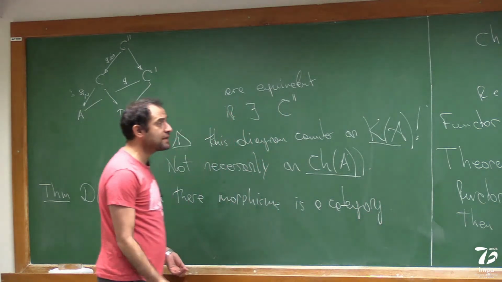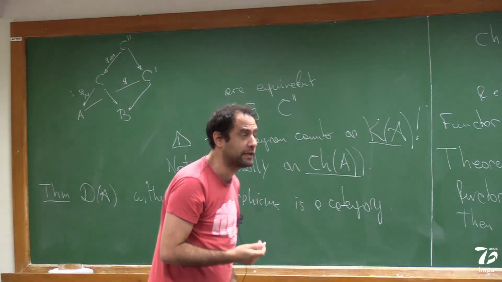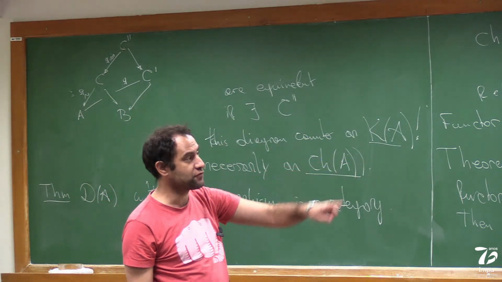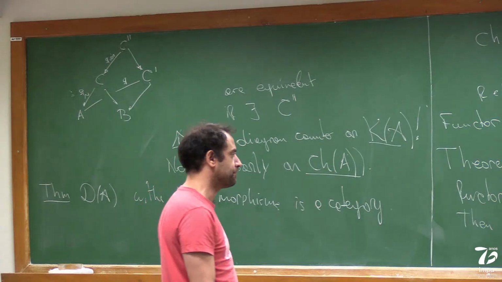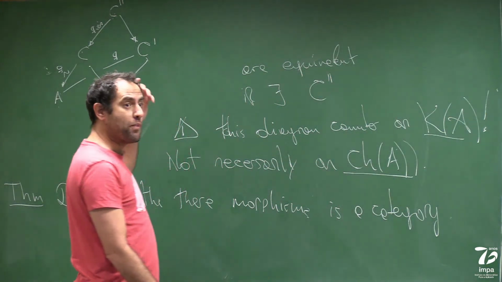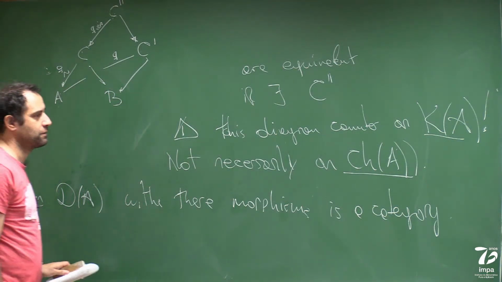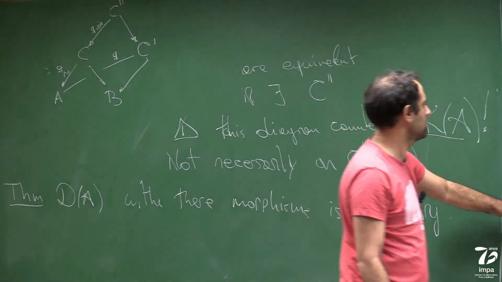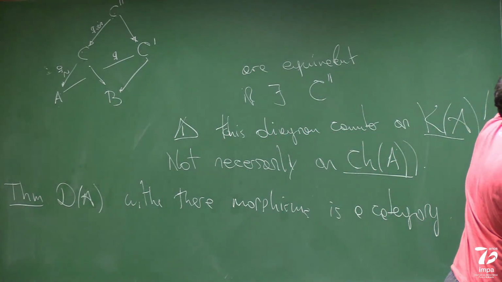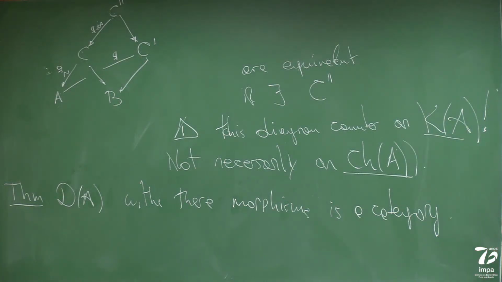So we need to check several things. First of all, that the space of morphisms is well defined, namely that that equivalence relation is actually an equivalence relation. And then we need to prove that we can compose morphisms. I think the hardest thing is to prove that we can compose morphisms, but let's make some trivial statements about the good definition of that.